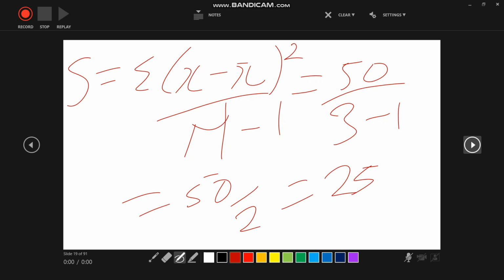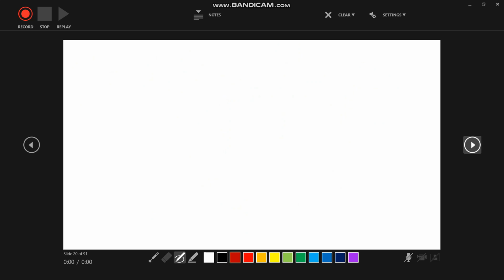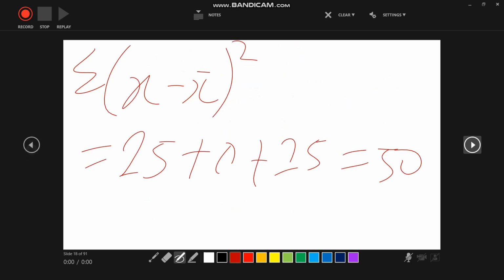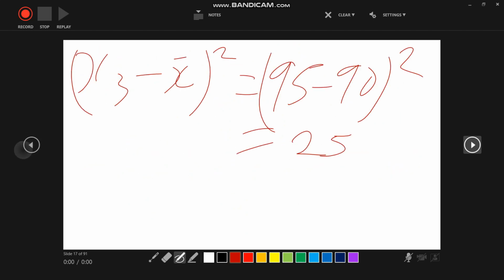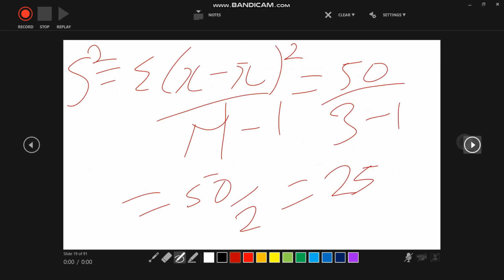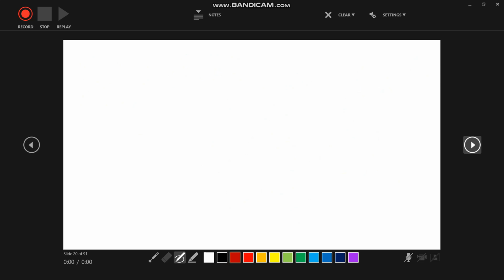So the last question asks us to find the standard deviation. Standard deviation is the square root of variance. Variance is s squared. If it is population variance, it is sigma squared. If it is sample variance, it is s squared.